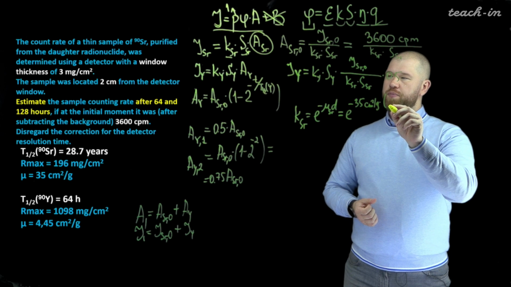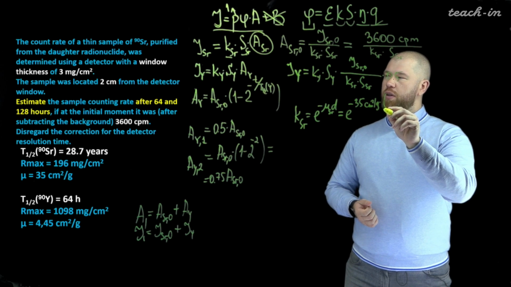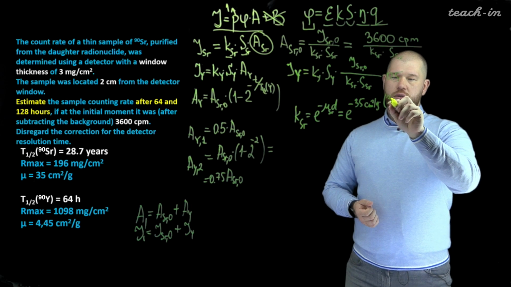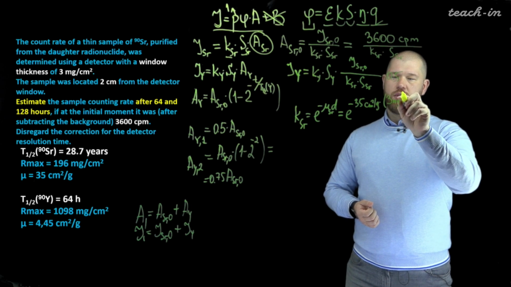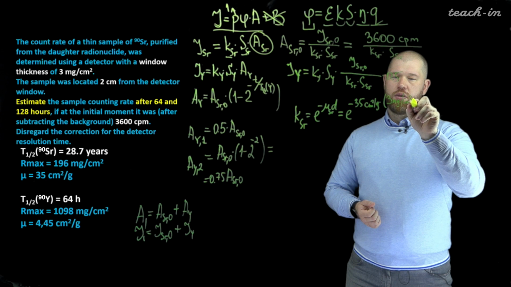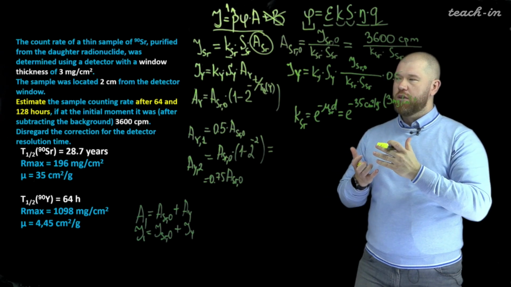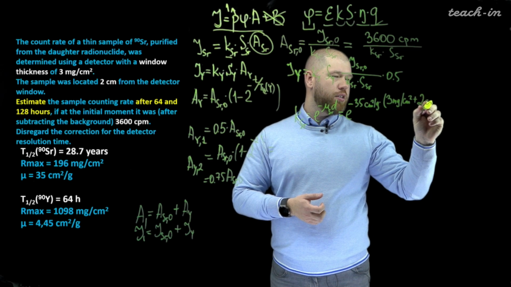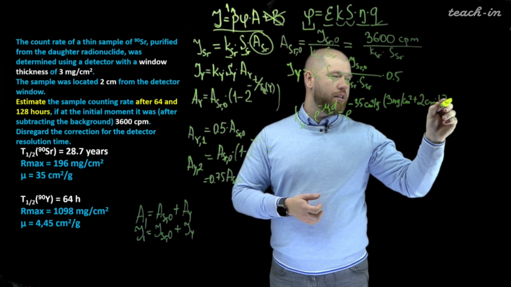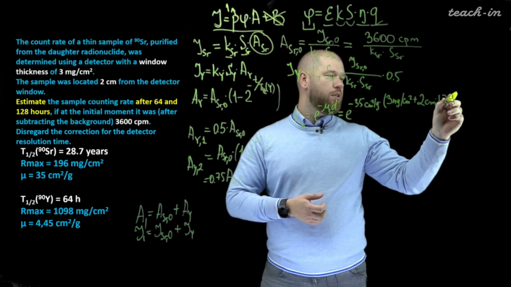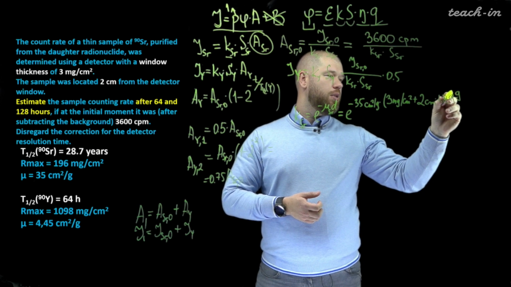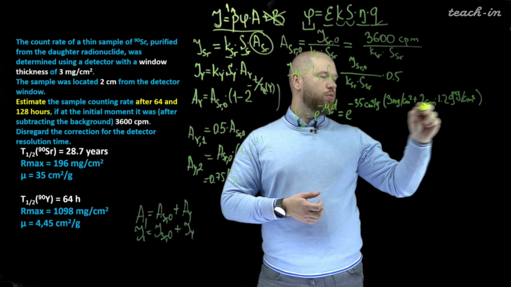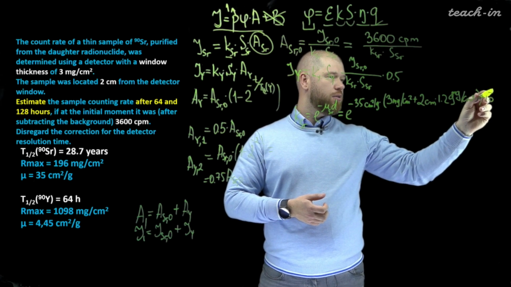It is the thickness of the detector window, 3 milligram per centimeter squared, plus the distance between the detector and the sample, 2 centimeters, multiplied by the density of air, in milligram per cubic centimeter. We should multiply it by 10 to the minus 3.